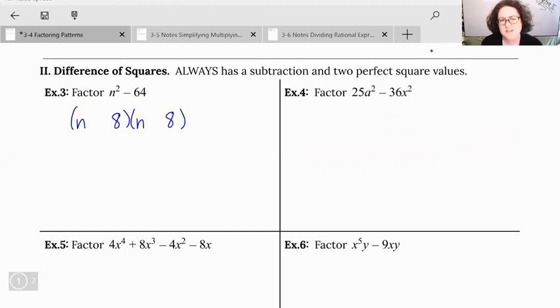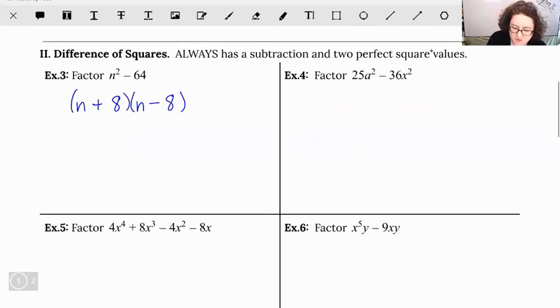We basically need to cancel out that middle term. We want a middle term of 0. So how could we make 0 out of 8 and 8? Well, if one was positive and one was negative, then when we multiply these back together again, and let me actually use a color coding here, we have a positive 8n from our inside terms.